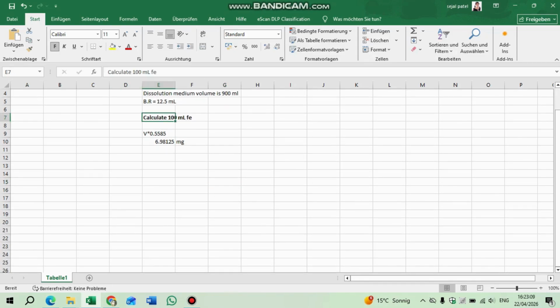Now step 3. In step 3 we have to convert this mg amount into 900 ml.